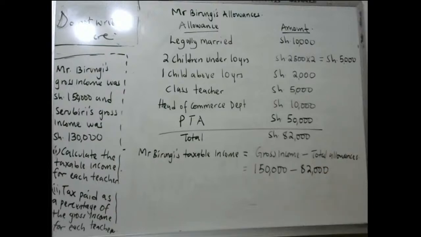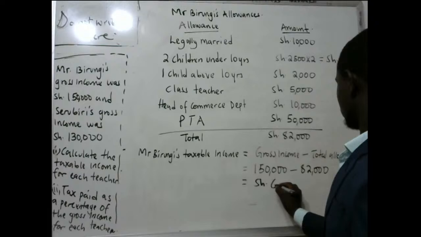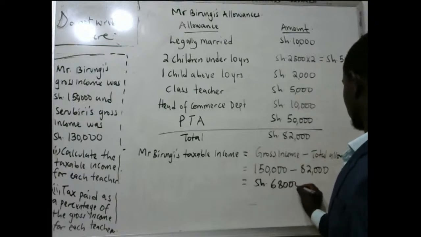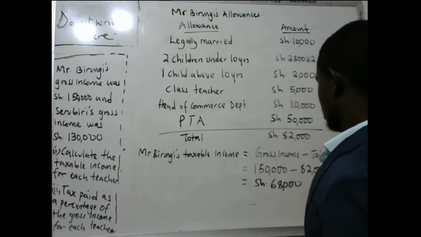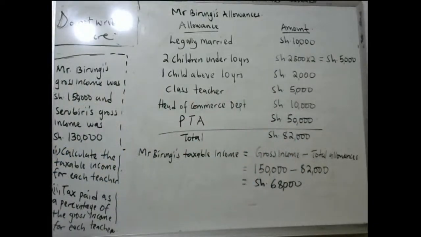What do we get here? Can you subtract and give me the answer very fast? What do we get? Do you get that amount? 68,000?